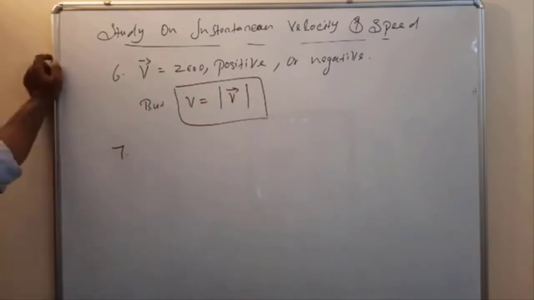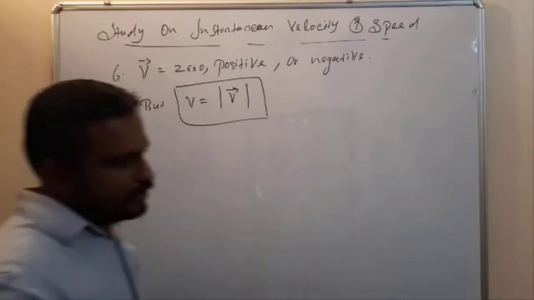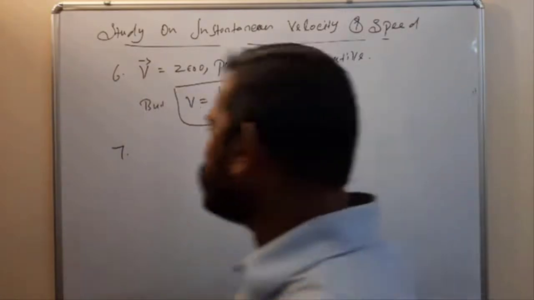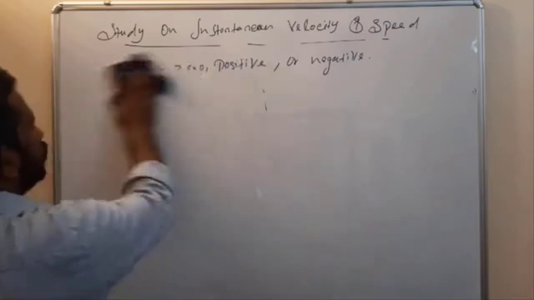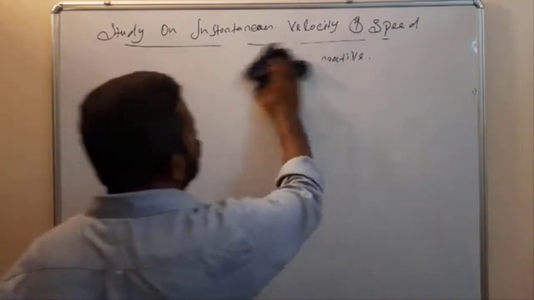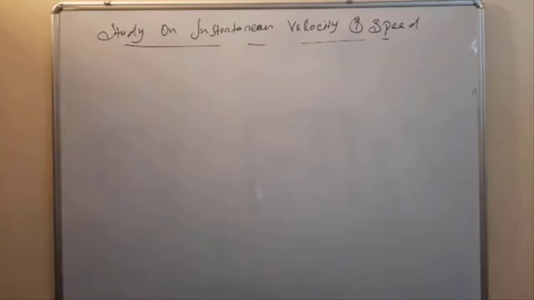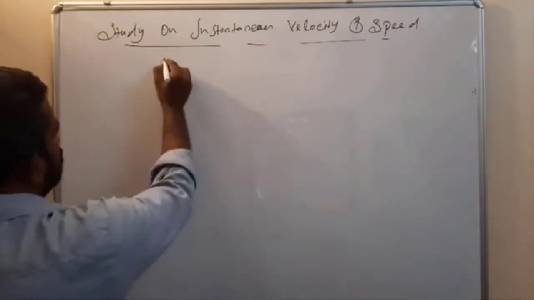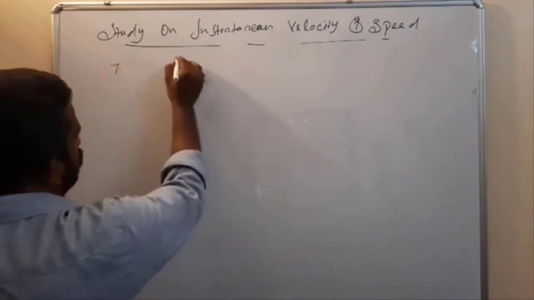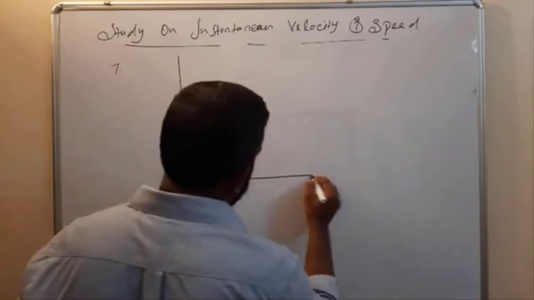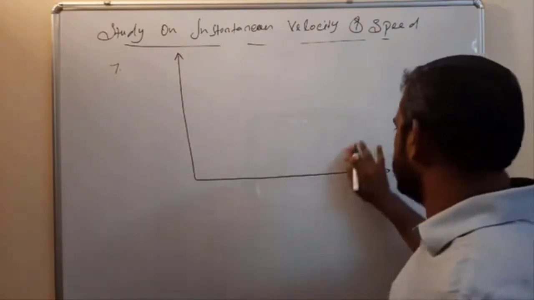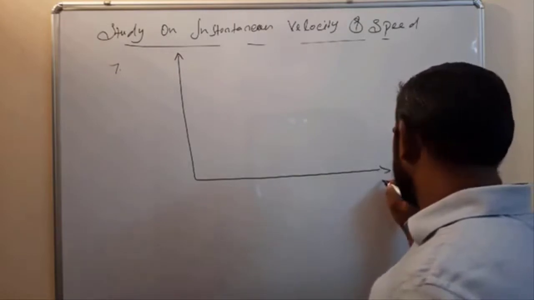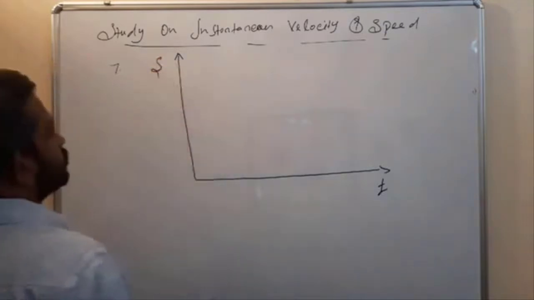Seventh point. If you draw a graph for displacement and time, so this is time.